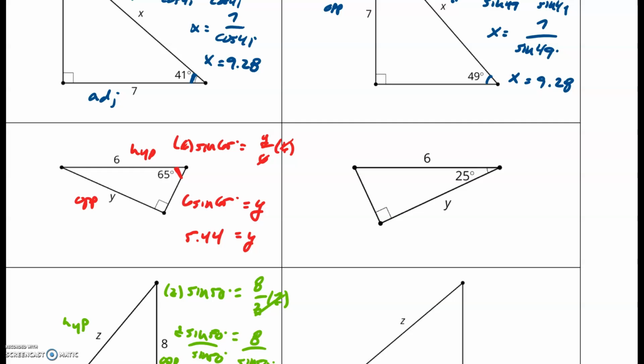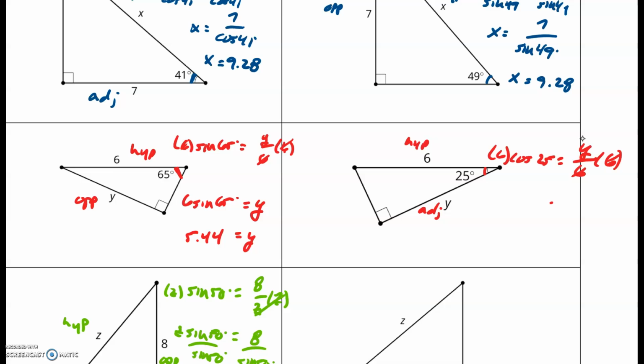Moving down, I have this 25-degree angle. The y is the adjacent, and the 6 is the hypotenuse. So the cosine of 25 is equal to the adjacent divided by the hypotenuse. Multiply both sides by 6.